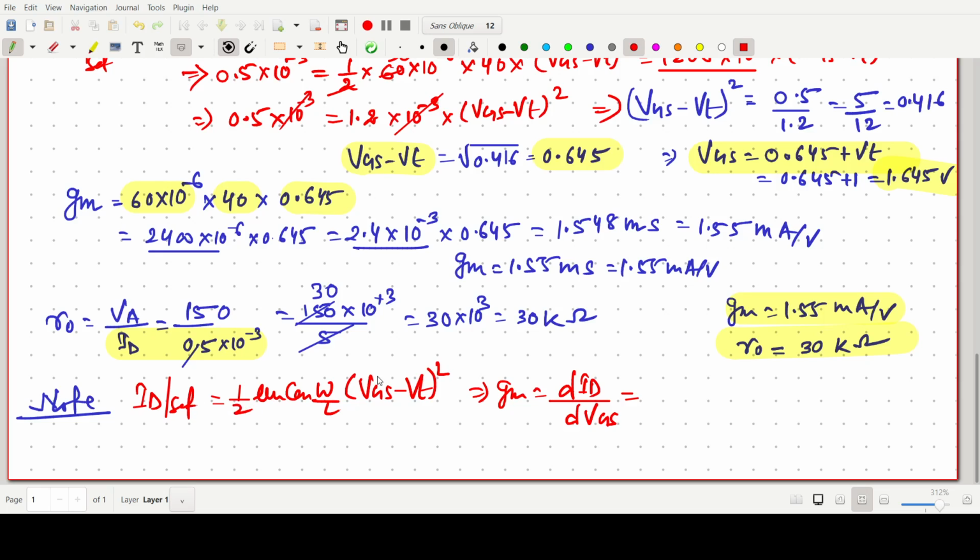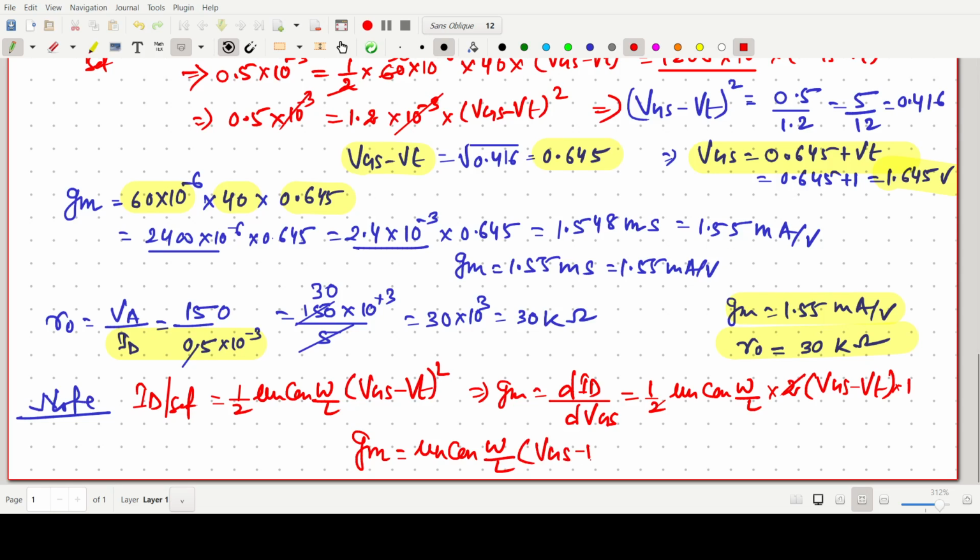If you differentiate this, 1 by 2 mu n COX W by L, twice VGS minus VT, and the VGS coefficient is 1. So the gm formula is simply mu n COX W by L into VGS minus VT, or you can write gm as mu n COX W by L into VOV, the overdrive voltage.